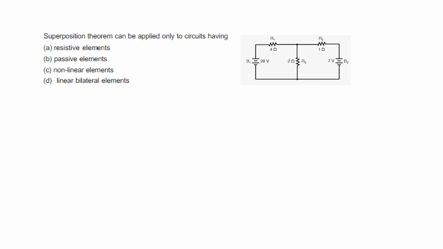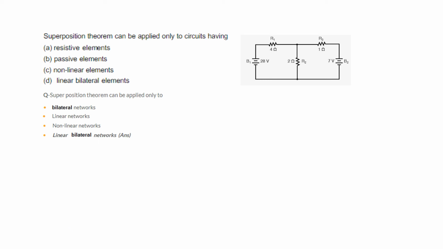Then it says passive elements. Not necessarily, sometimes the behavior changes. Non-linear elements, not at all, because the behavior becomes different. And this is more appropriate, linear bilateral elements. So it has to be linear and it has to be a bilateral element, as we saw, that is resistance, capacitance, inductance, etc. So this is the more appropriate answer.